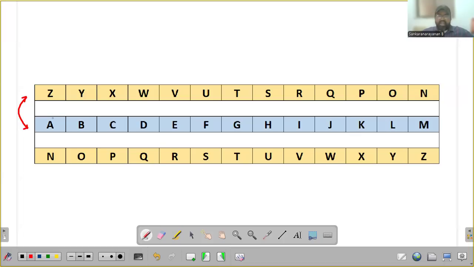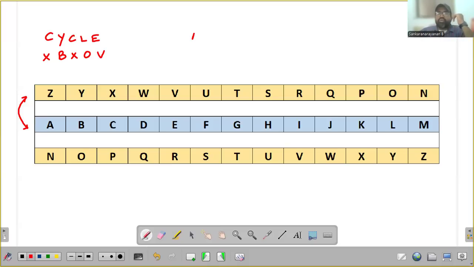So if that happens, consider cycle will be coded like this: C will be coded as X, Y will be coded as B, C as X, L as O, E as V. So cycle is coded as XBXOV.